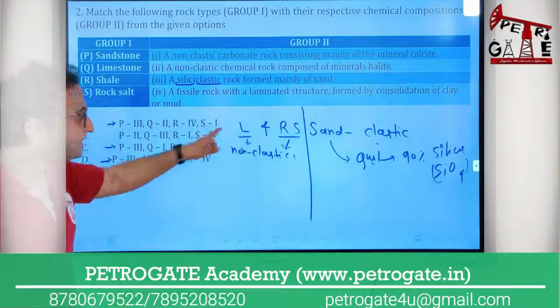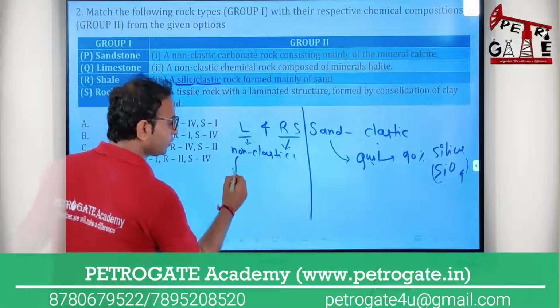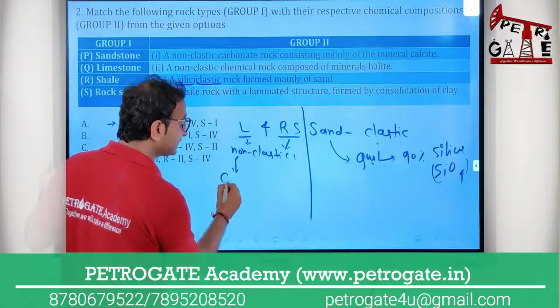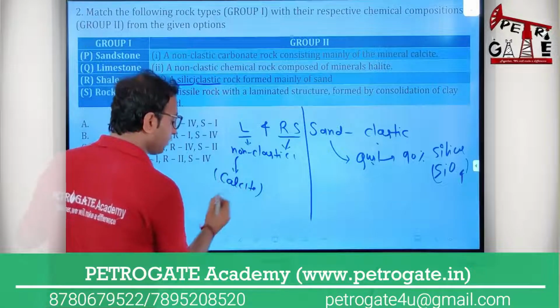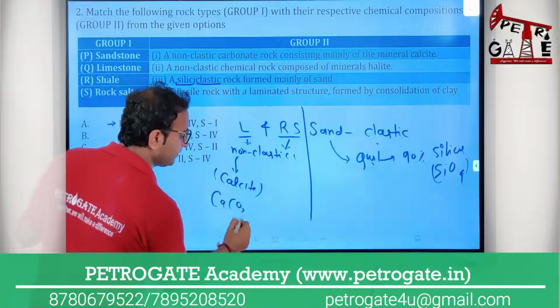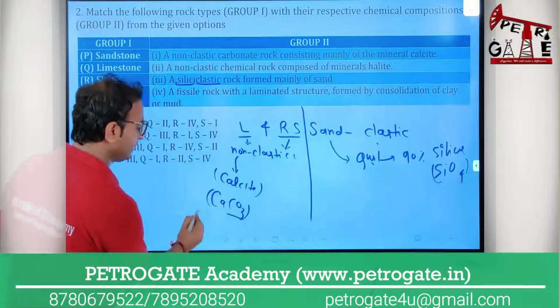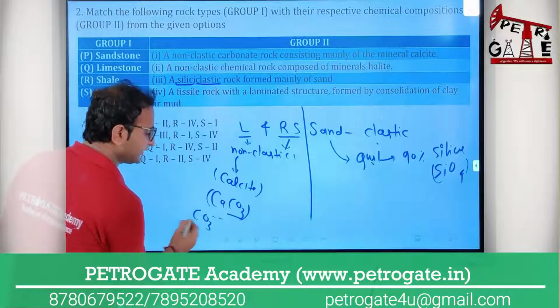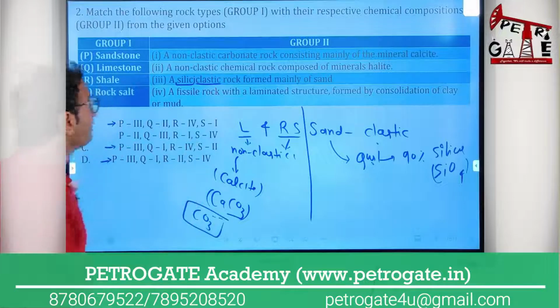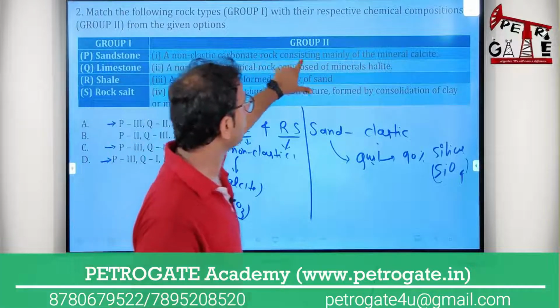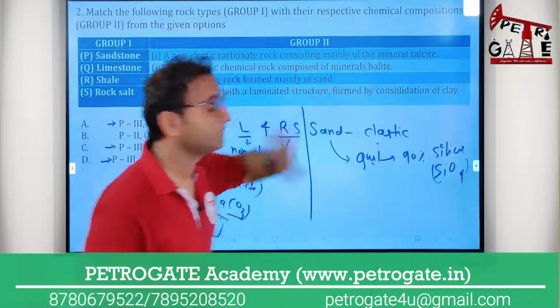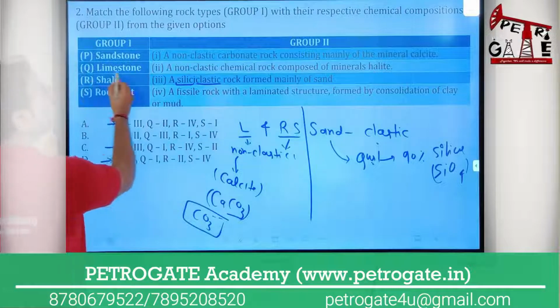But in limestone you will see there is the calcite mineral, because the limestone formula is CaCO3. This is your calcite mineral, CO3 2 minus. Now you will see a non-clastic carbonate rock consisting mainly of the mineral calcite. It means Q goes to first.